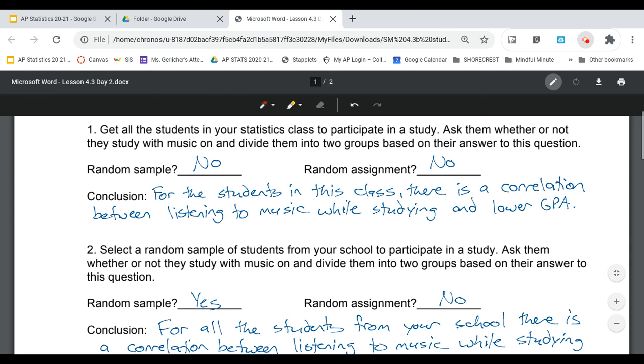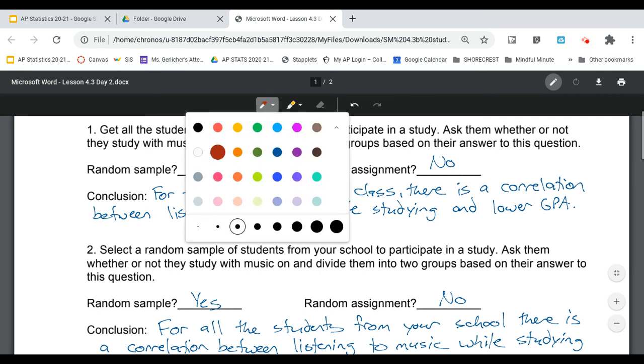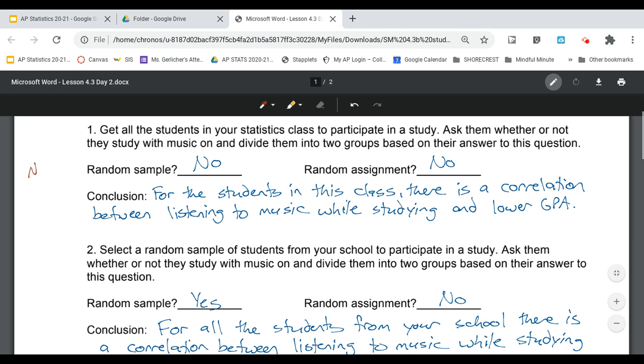Okay, so let's go over that first page. So the first example, there was not random sampling and there was not random assignment. So there's no ability to do any inference at all. There's no inference about the population or causation.